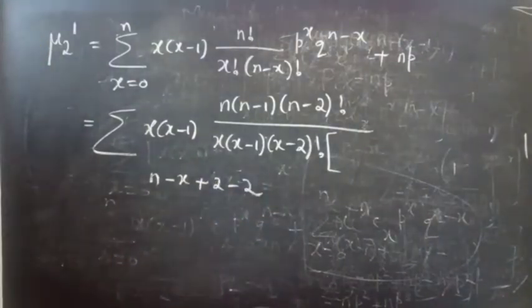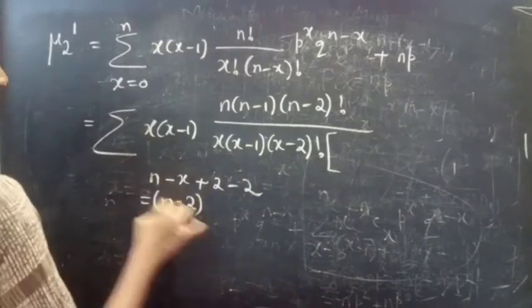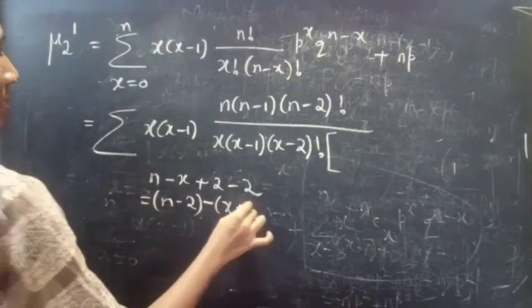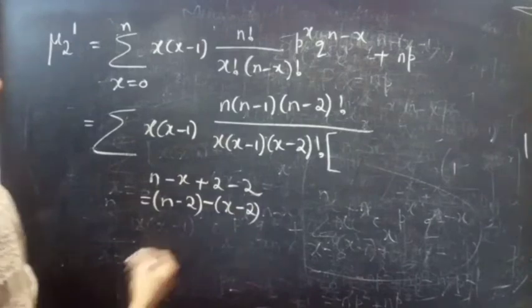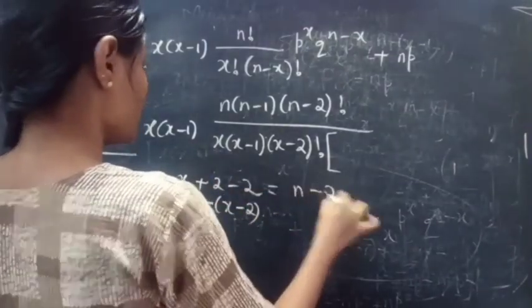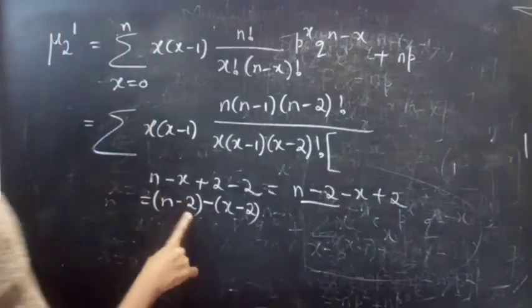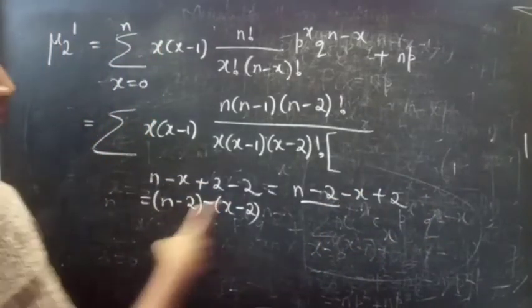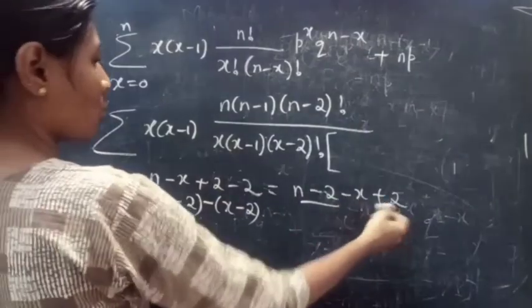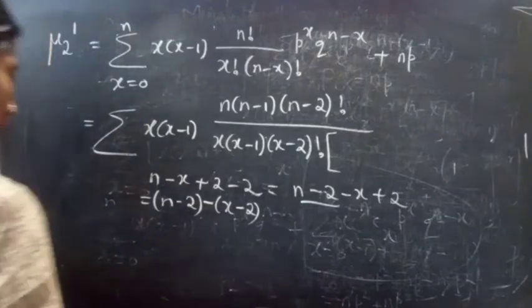Simply we are adding plus 2 and minus 2. So you could write it as n minus 2 minus of x minus 2. From the first two you'll get n minus 2, and take minus common from the next two terms, so you'll get minus of x minus 2.